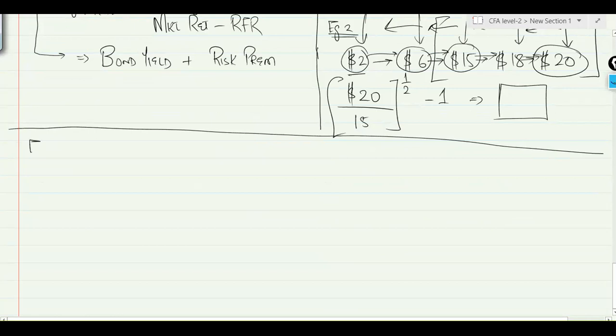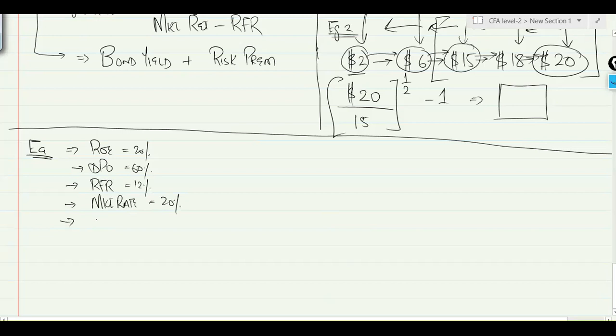So one basic example. Let's suppose you're given return on equity 20%, dividend payout ratio is given to be 60%, you are given risk-free rate of 12%, you are given market rate of 20%, you're given beta of 1.5.